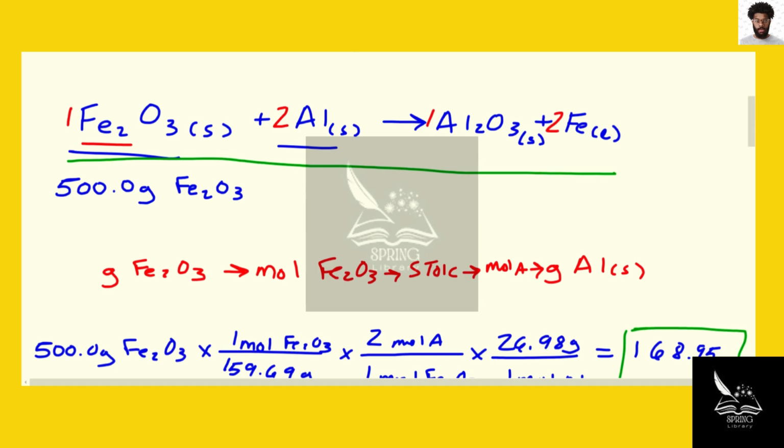So what does that mean for our reaction? That means that one of the products of this reaction is heat, because when these two metals react with each other, you are generating so much heat that the iron will be a liquid. Therefore, heat will be a part of the products. So in order for this reaction to run in reverse, you're going to need an input of energy here.